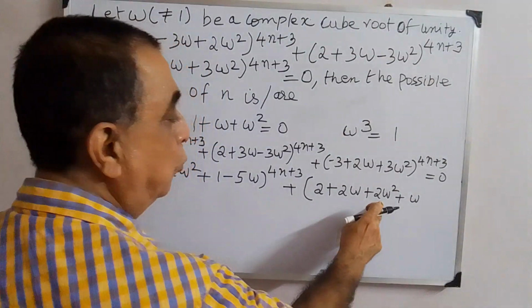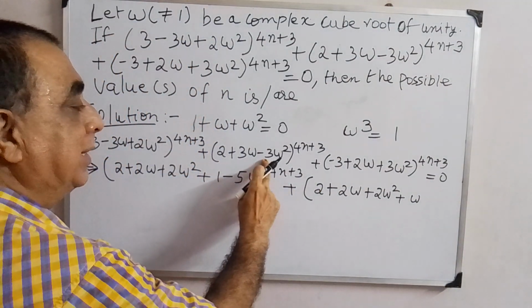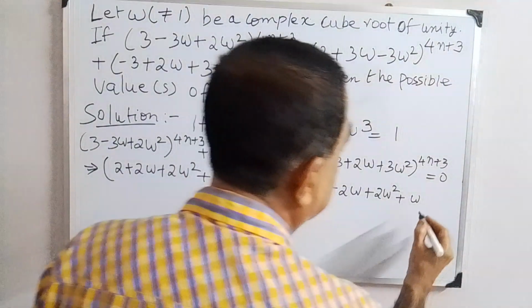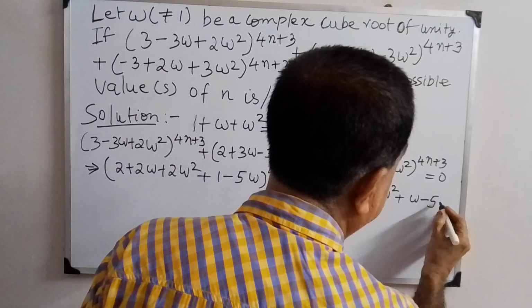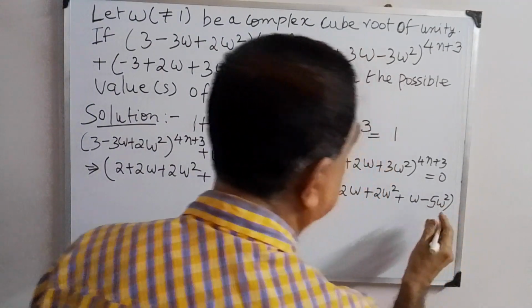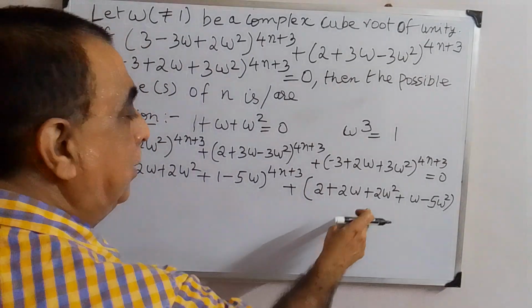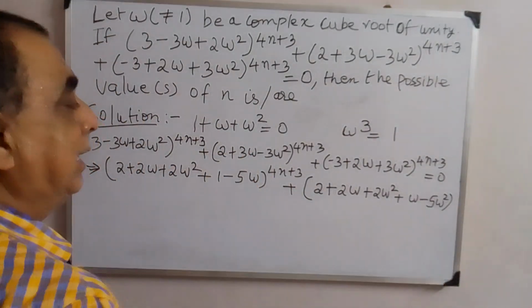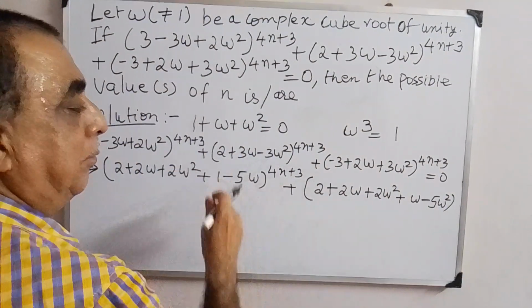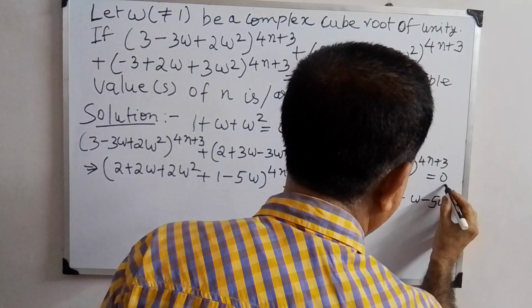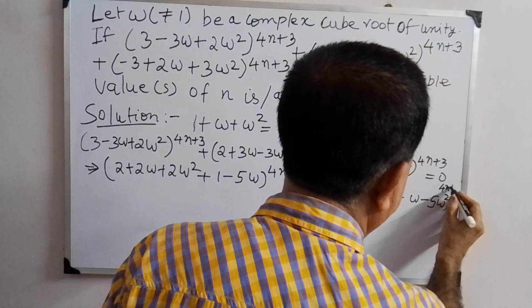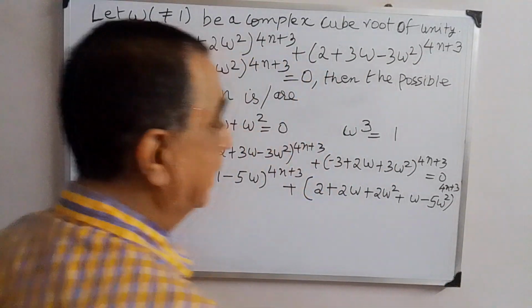And here I have written 2 omega squared, but it is given minus 3 omega squared, so I have to add minus 5 omega squared, because minus 5 omega squared plus 2 omega squared gives minus 3 omega squared. So they will become equal. Now this is whole to the power 4n+3.